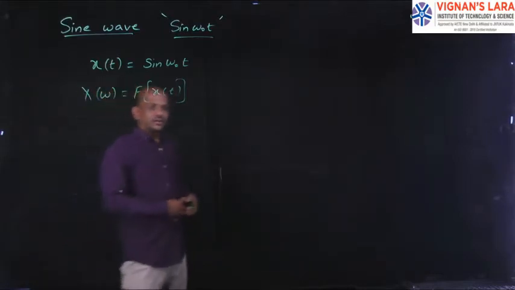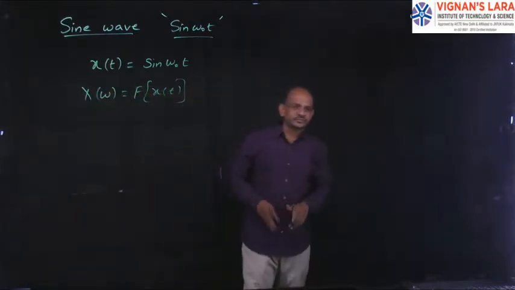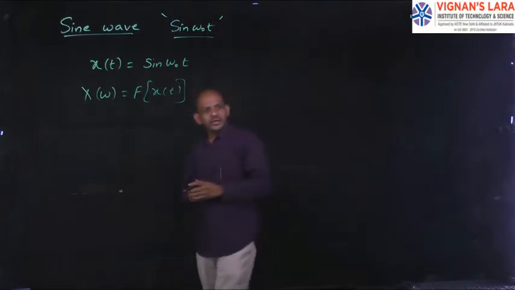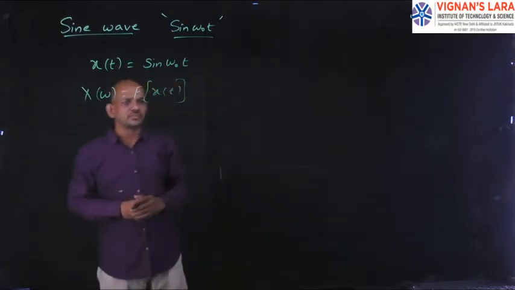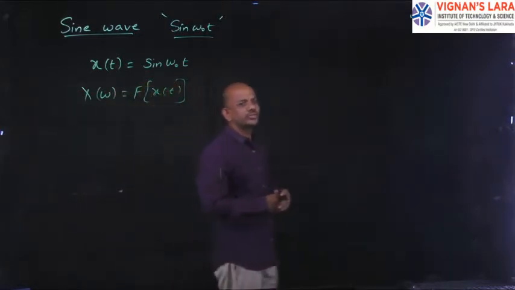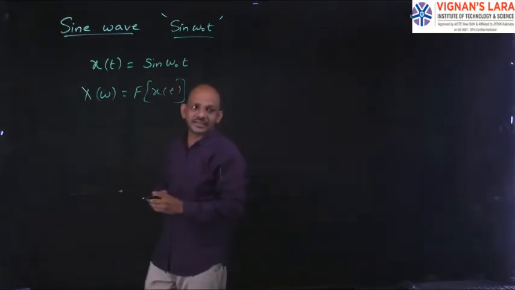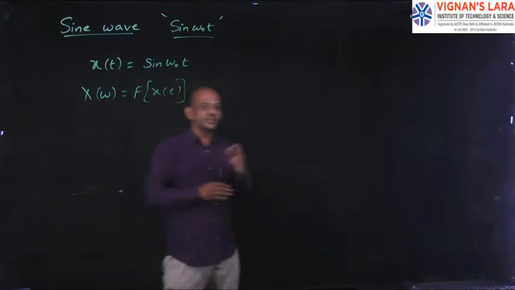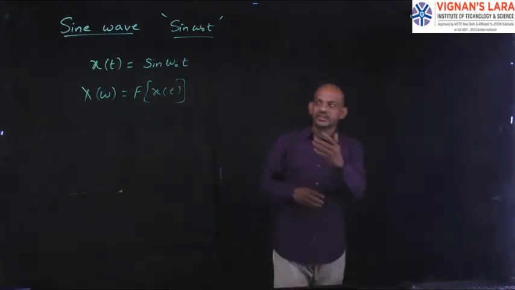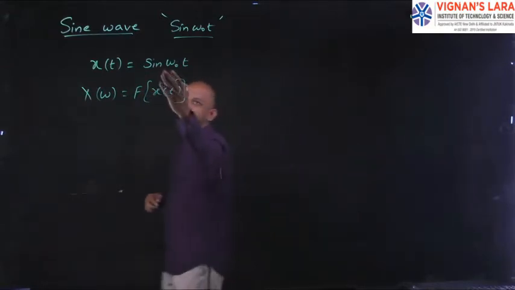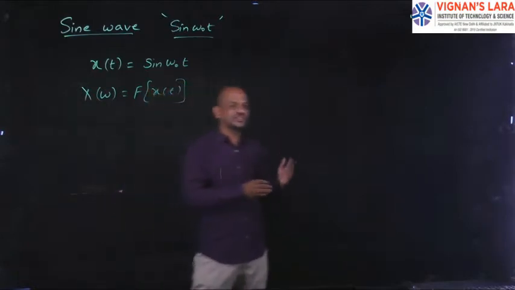So here we will use the same procedure that we used for the cosine wave. There I converted the cosine function into complex exponentials. So here also I have to convert this sine function into complex exponentials using the formula.